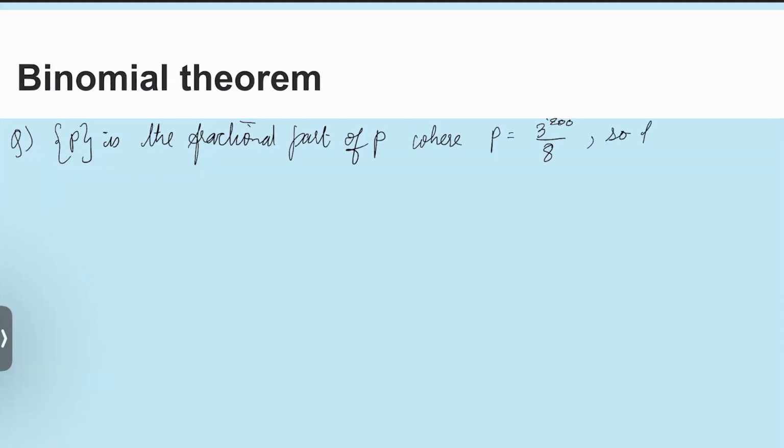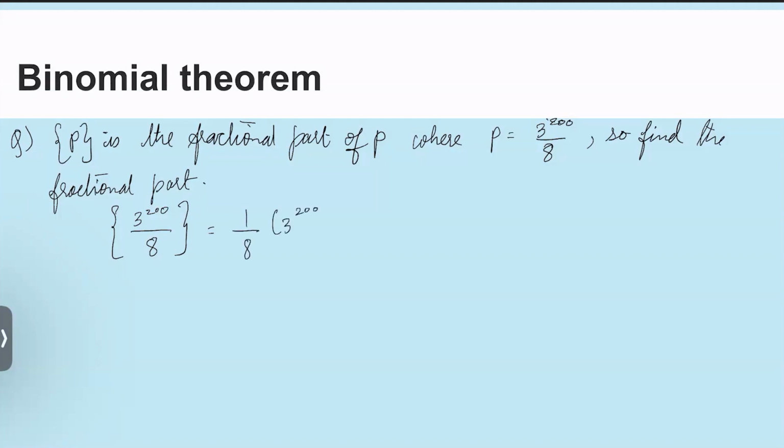So, find the fractional part. Okay, so we have to find the fractional part of 3 raised to 200 by 8.